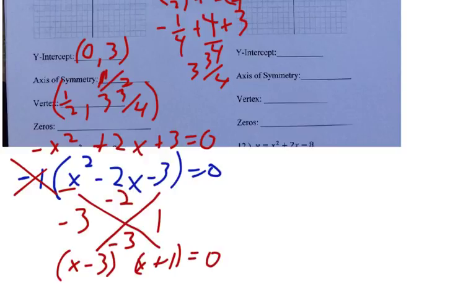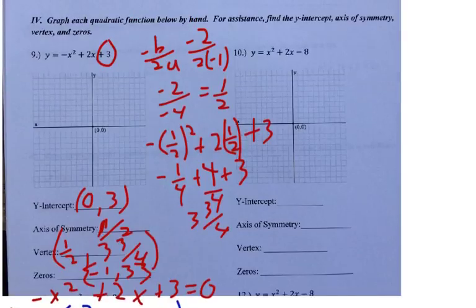Set them both equal to 0. And that would be a positive 3 and a negative 1 for my two solutions. So what does that mean? Well, it means it crosses the x-axis at negative 1 and positive 3.